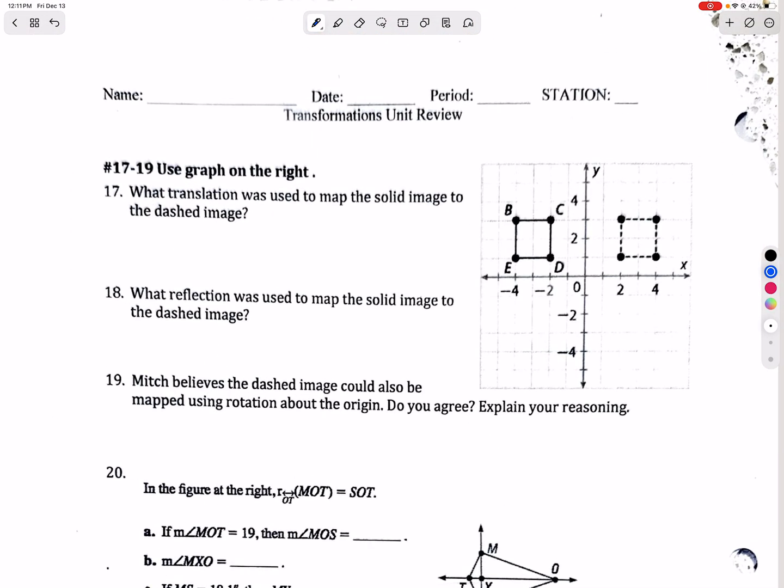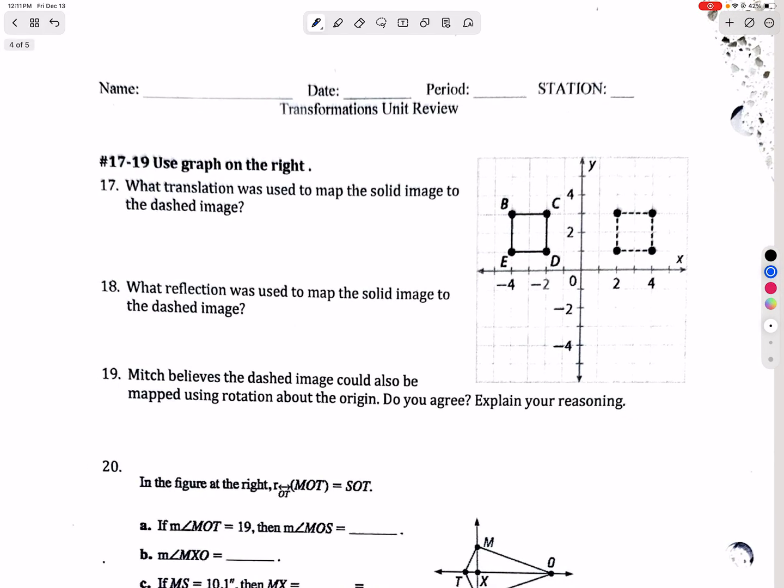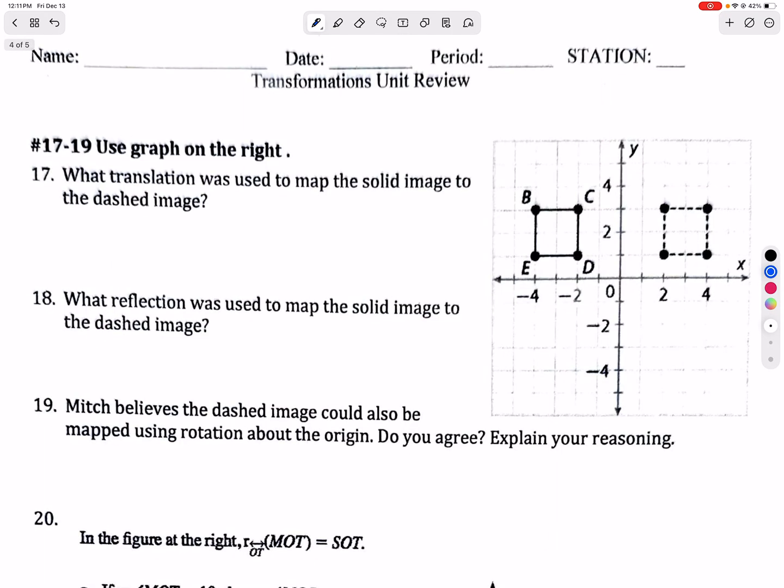What translation was used to map the solid image to the dashed image? So we're translating, we're sliding. This D has to go to this one. Every point goes, so we really only need to do one of them. It doesn't matter which one you pick.